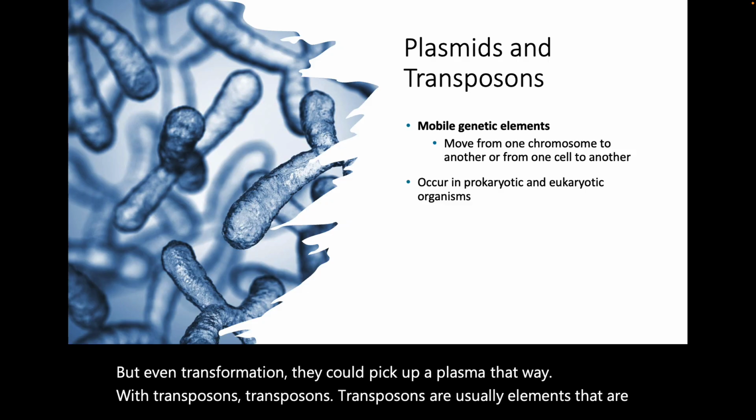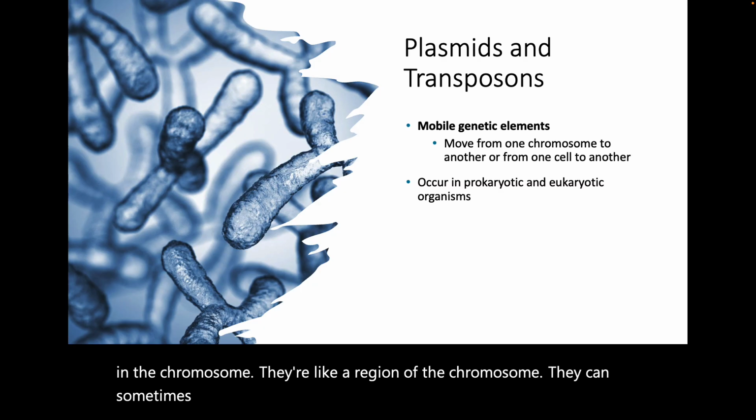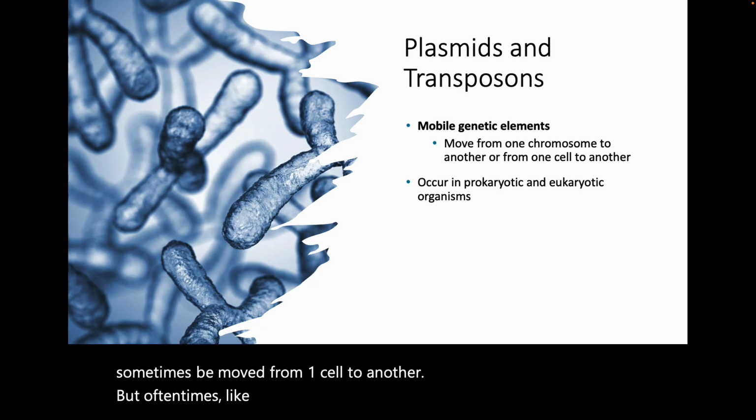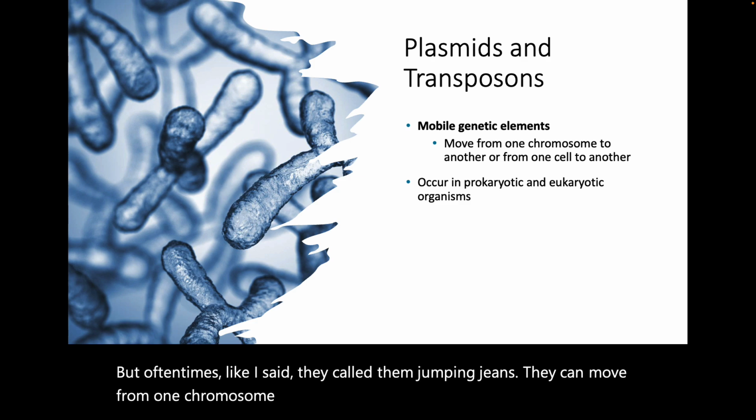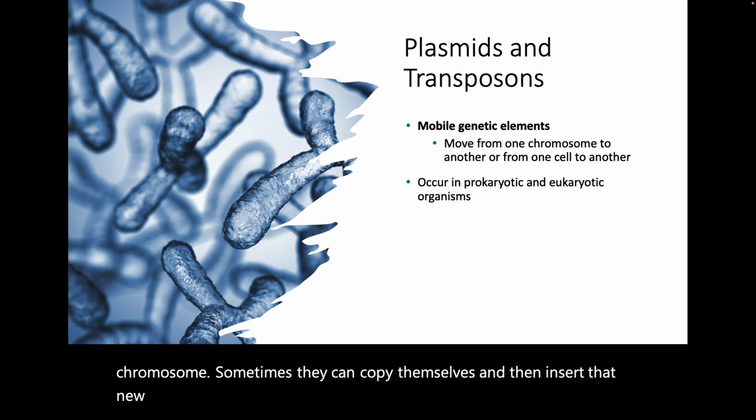They're like a region of the chromosome. They can sometimes be moved from one cell to another, but oftentimes, like I said, they're called jumping genes. They can move from one chromosome to another. They can move within the same chromosome. Sometimes they can copy themselves and then insert that new copy somewhere else. So they have these really cool abilities that can cause new phenotypes.